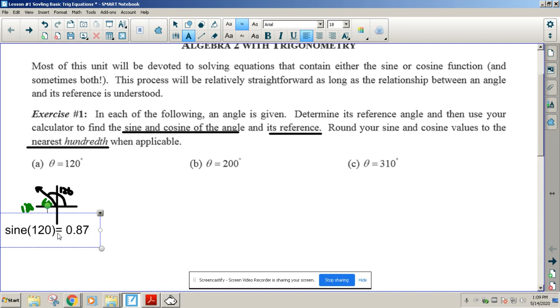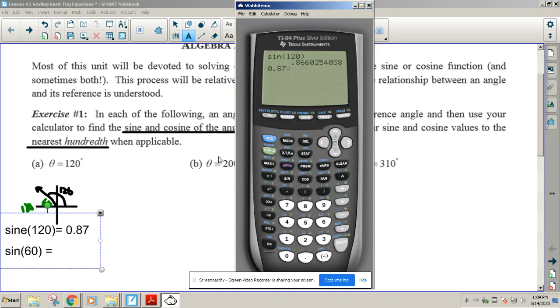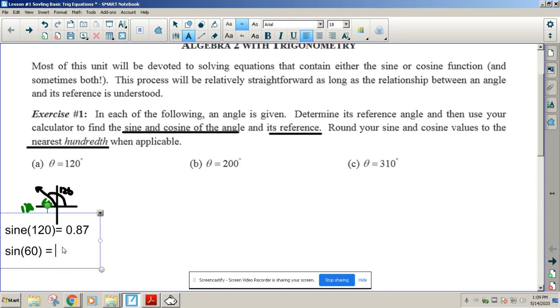Now, watch what happens when I find the sine of the reference angle 60. So now I'm not going to clear that out yet because I'm not going to clear out all this. Now let's do the sine of 60. Exact same thing. You get the exact same thing because an angle and its reference angle are the same value. Now, the positive and the negative again is always about location.